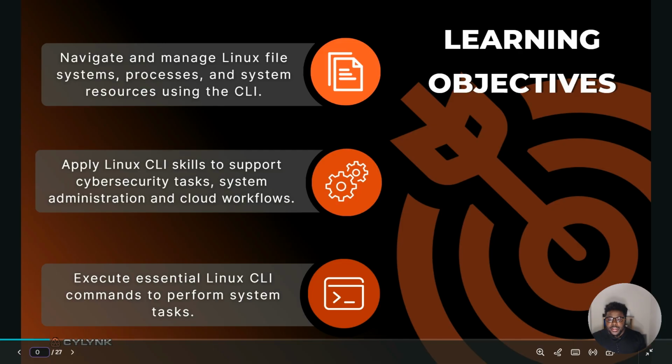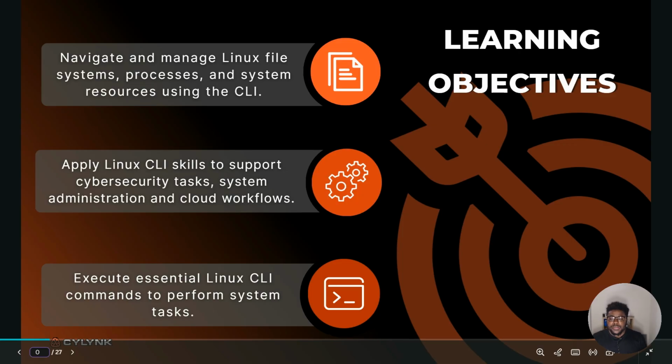Do you know that over 96.3% of all publicly available web servers are based on Linux, mostly perhaps the Red Hat distribution and a lot of Ubuntu as well? This is one of the reasons why you want to make sure that you have the critical knowledge required to effectively work with the Linux operating system.